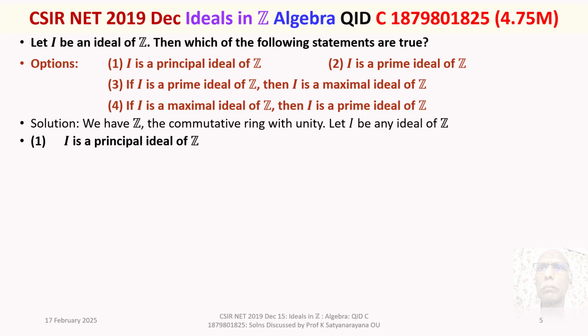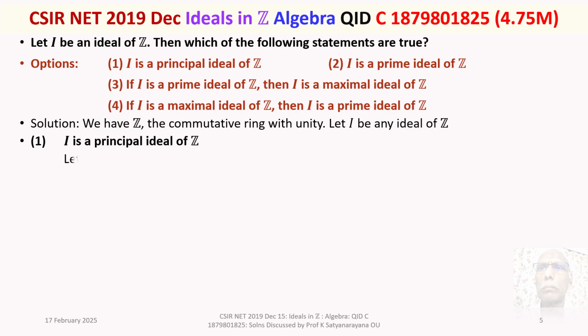Yes, it is. Why? Because Z, plus and dot, the ring of integers, a commutative ring with unity, is a PID, principal ideal domain, in which every ideal is a principal ideal. That is, every ideal is generated by an element of Z. Hence, I is a principal ideal of Z.